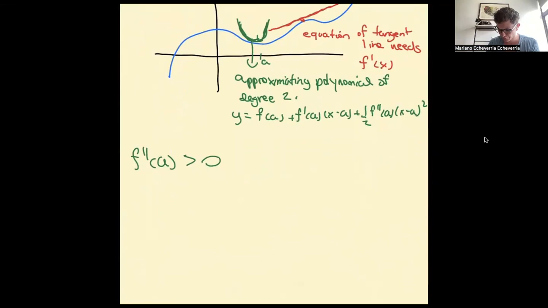Here the second derivative is positive, so the eyes are positive, and if you're positive, that means you're happy. So in this case, the polynomial is concave up.